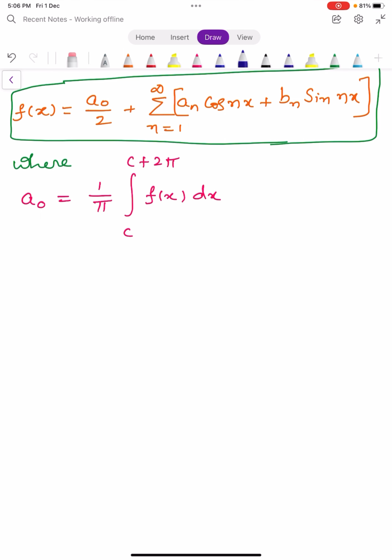And a n is equal to 1 by pi integral c to c plus 2 pi f of x cos nx dx.